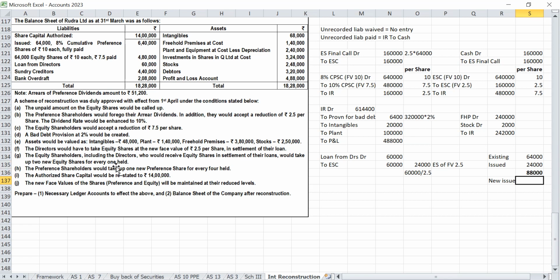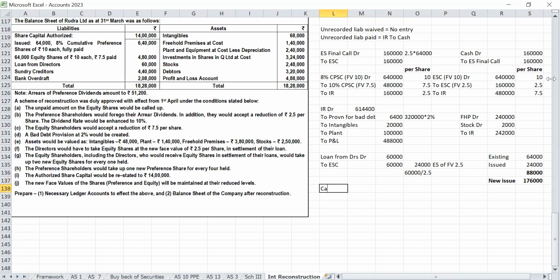If one share is held, they have to take two shares. So for 88,000 shares, 2 each means 1,76,000 new equity shares they have to subscribe.